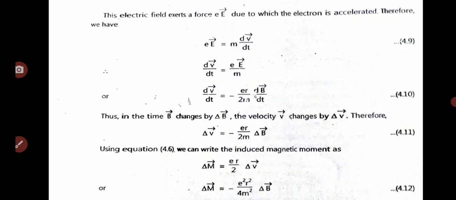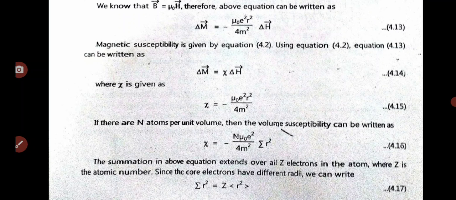If we place the value of delta V, minus eR by twice m into delta B, in this equation, the change in magnetization obtained is minus e square R square divided by 4 m square into delta B. We know that B, the magnetic field induction, is equal to mu naught H, where mu naught is the permeability of free space and H is the magnetic field strength.